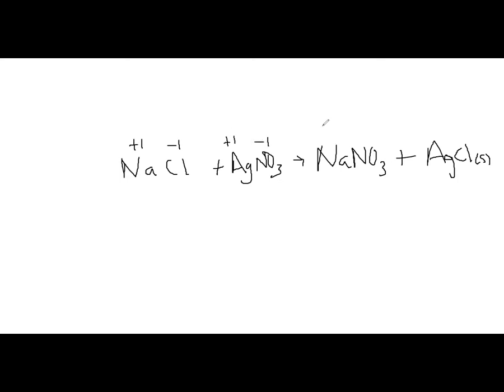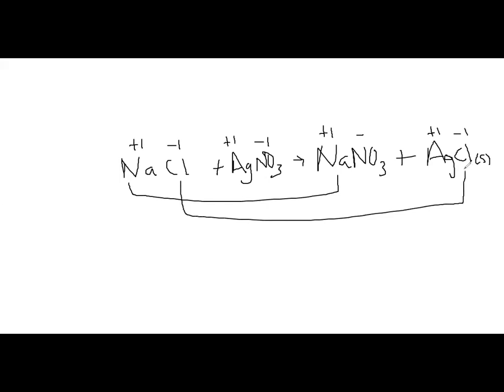When we come to this side, our sodium is still +1, our nitrate is -1, our silver is +1, and our chloride is -1. So sodium stayed +1 and +1, Cl stayed -1 and -1, silver stayed +1 and +1, and nitrate stayed -1 and -1.